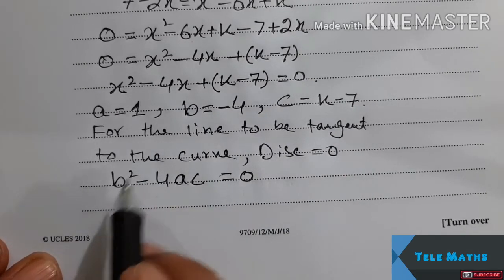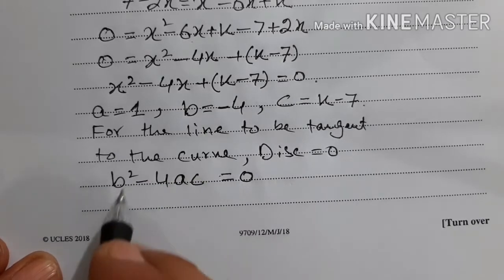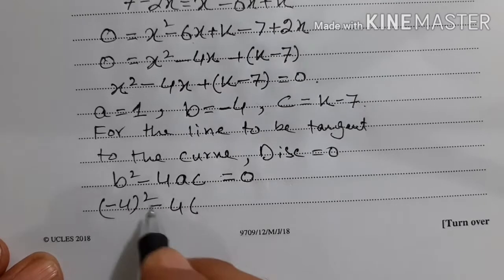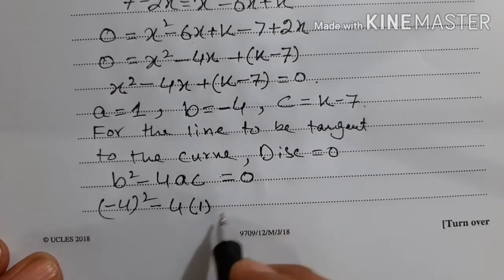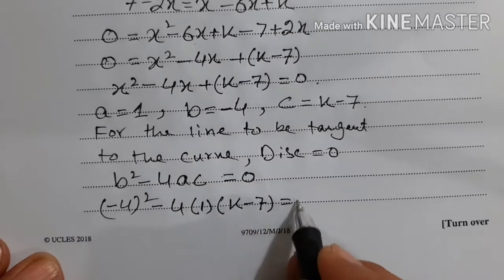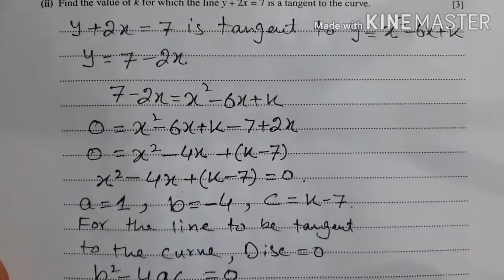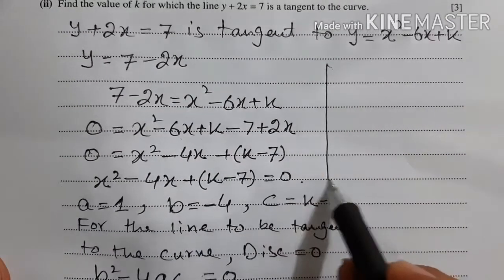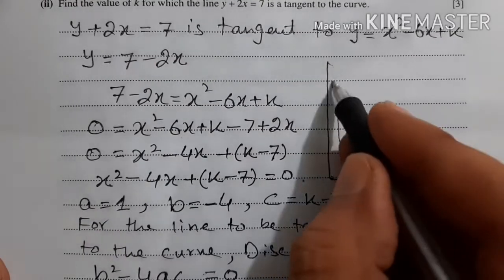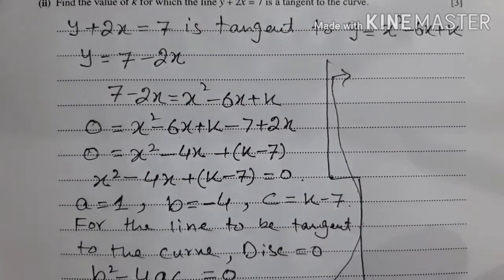So put the values. B is minus 4 square minus 4 into 1. A is 1 and C is k minus 7 is equal to 0. Now, I'll use this part in this case.